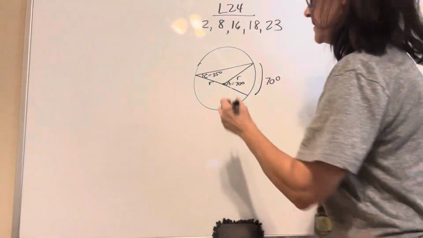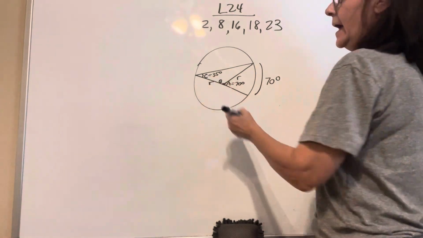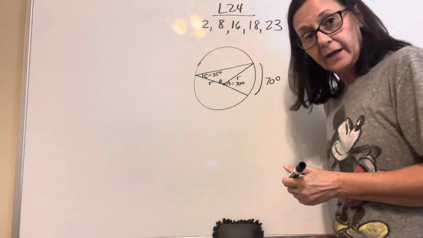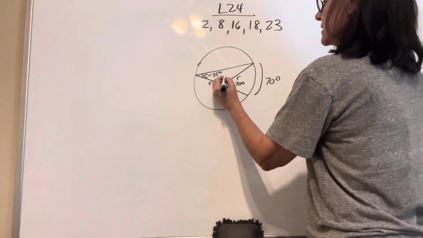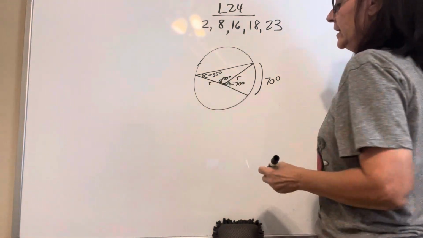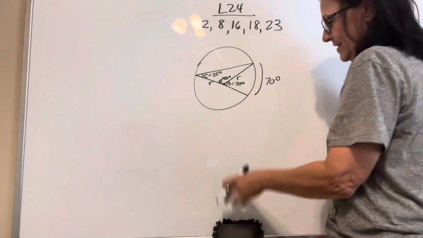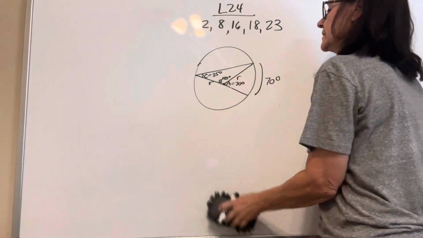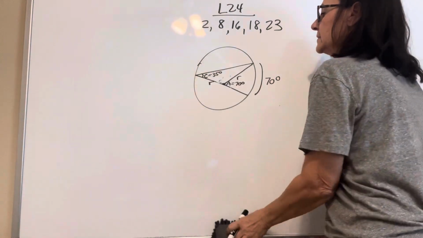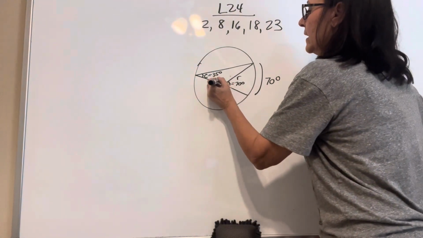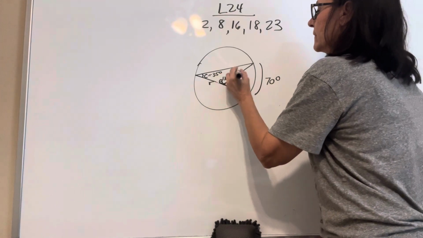A and B are a linear pair, so they're supplementary. So B is 110, because 110 plus 70 is 180.